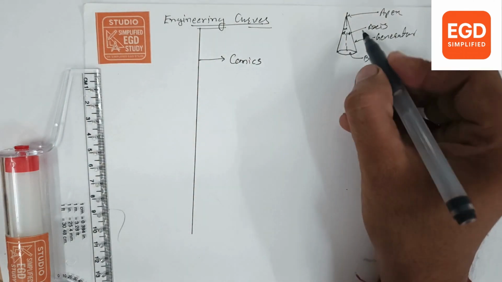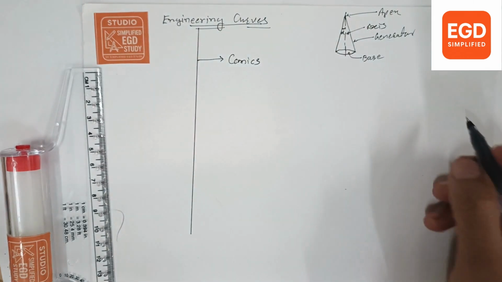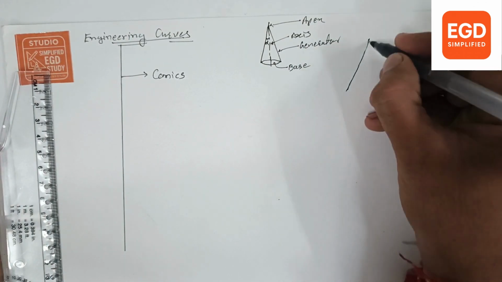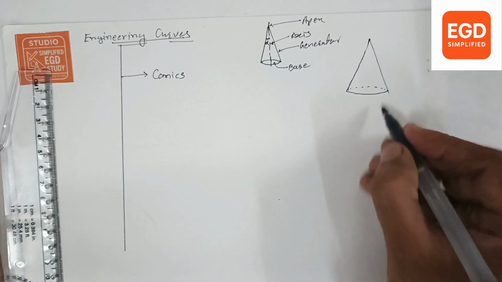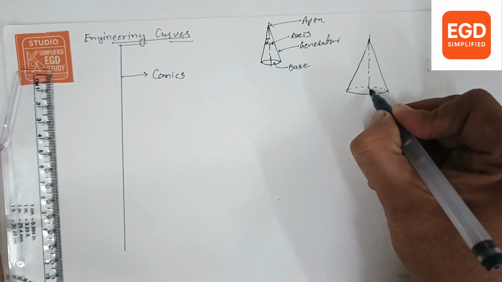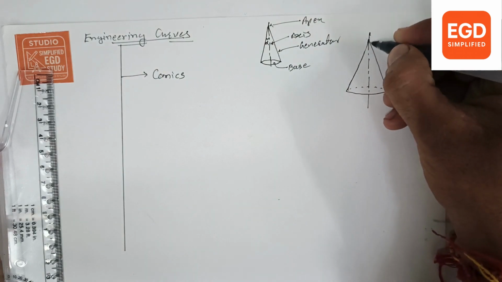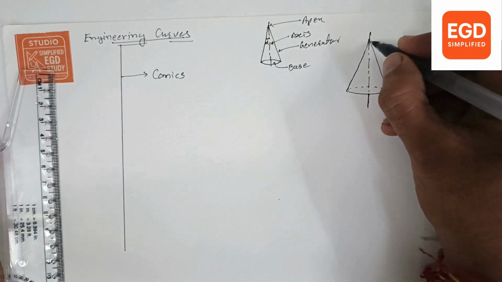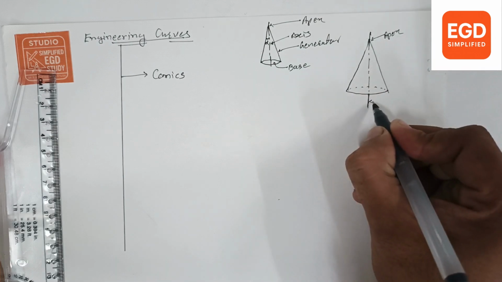So there is a cutting plane which cuts this cone at different angles. Let's say there is a cone and a cutting plane is cutting this cone, passing through the apex point and along its axis.